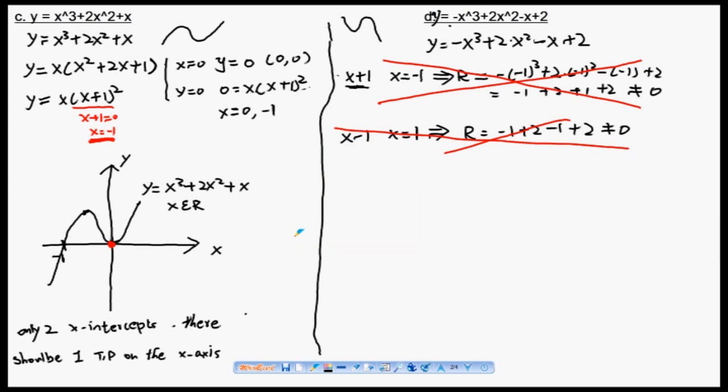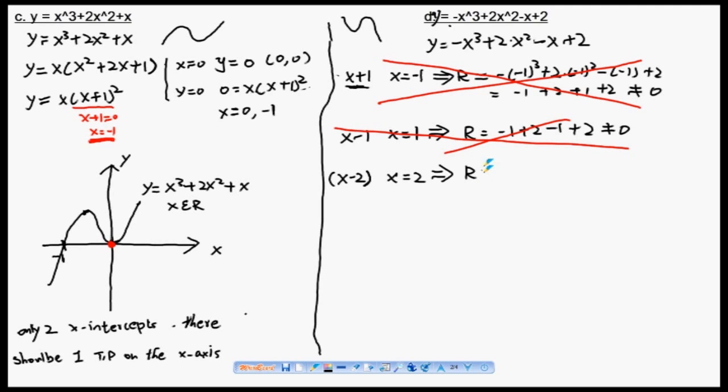Let's try x minus 2. We substitute x equals 2 for the remainder, to see if it is equal to 0.